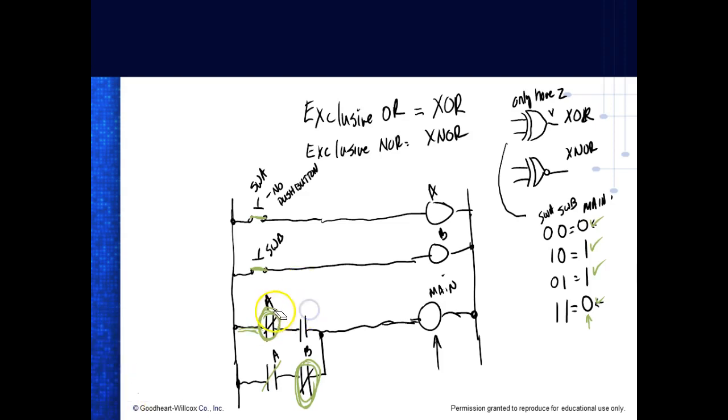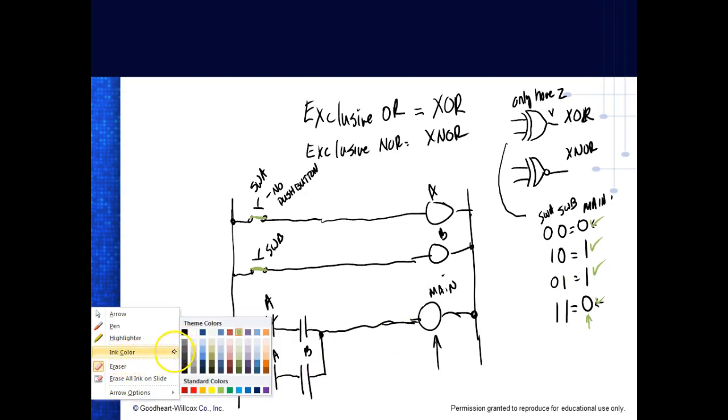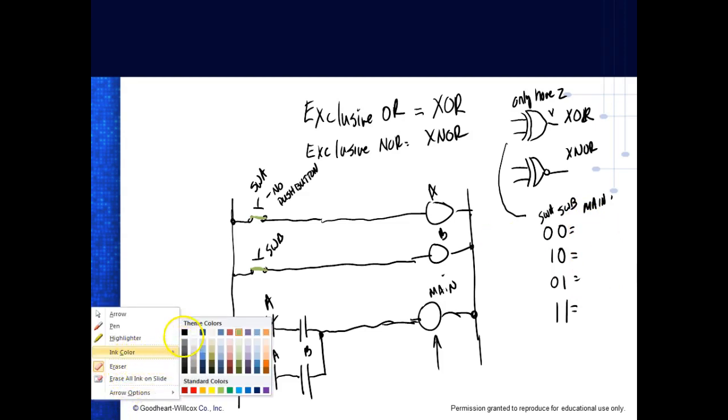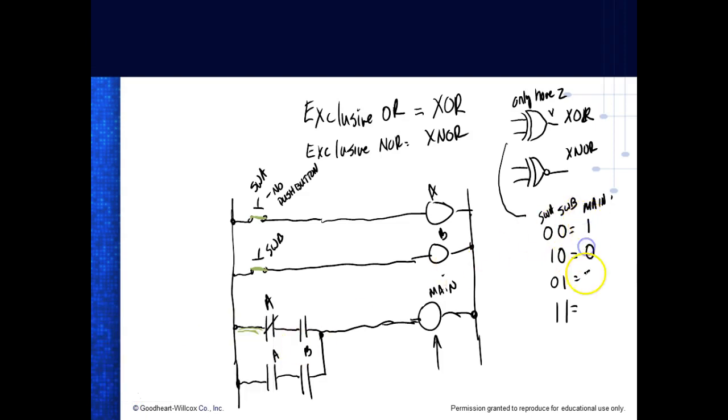So how would we do an exclusive NOR? We should end up with this. Anybody got any ideas? So we wanted to start off true, huh?